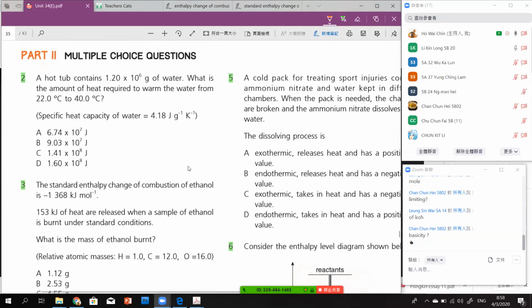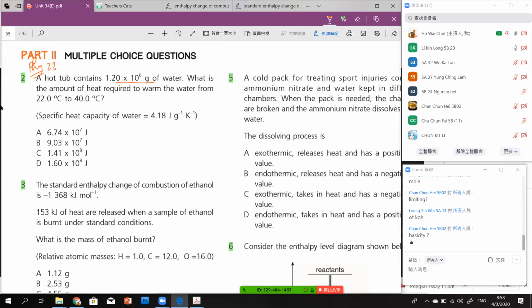Question 2. Now you have to take out a book. Besides, you have to take out your calculator to come up with the answers. How would you get the answer? A hot tub contains this gram of water. Well, very similar to physics, right? It seems like physics questions.